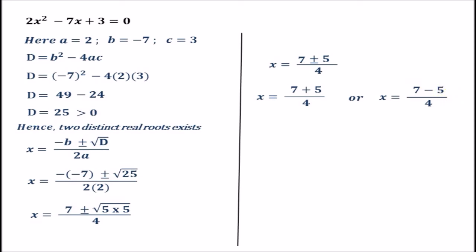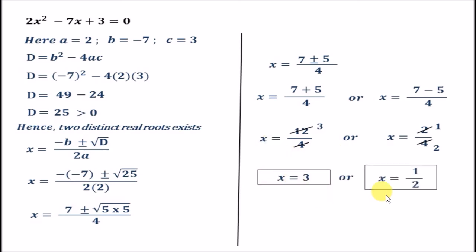So that gives us the two required roots for the quadratic equation. x equals to 7 plus 5 will be 12 by 4 or x equals to 7 minus 5 will be 2 by 4. 4 ones are 4, 4 threes are 12, or 2 ones are 2, 2 twos are 4. So the values of x are x equals to 3 or x equals to half, 1 by 2.